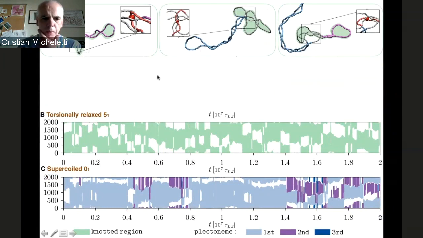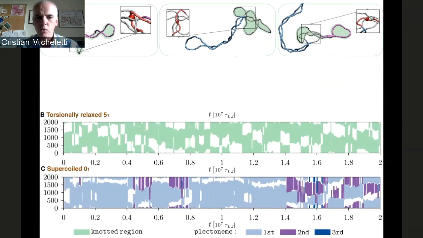In these 2 panels here, you have 2 different types of molecules. In the greenish panel, you see the trace as a function of time of the location along the chain, 0 to 2000, that is a contour length coordinate, and you should assume a periodic boundary condition.